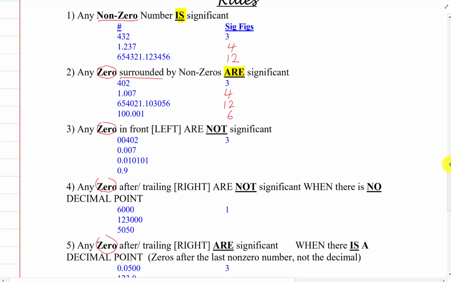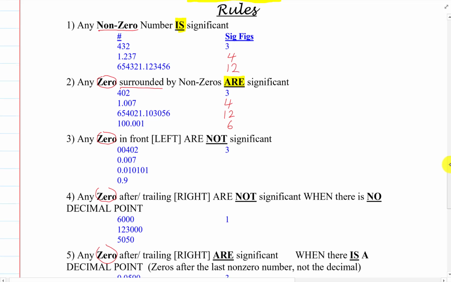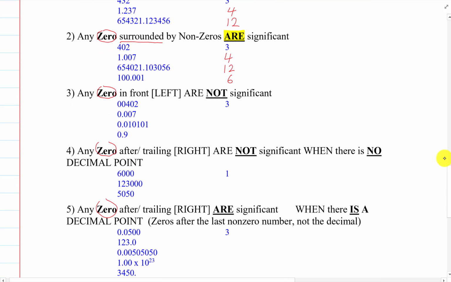Now, unfortunately, here come 2 rules to say when zeros are not significant. The zeros in front of numbers are not significant. Now this is the weirdest way to write a number, 00402, but if it was ever written that way, the zeros in front of significant numbers are not significant. So that is not significant, that is not significant.